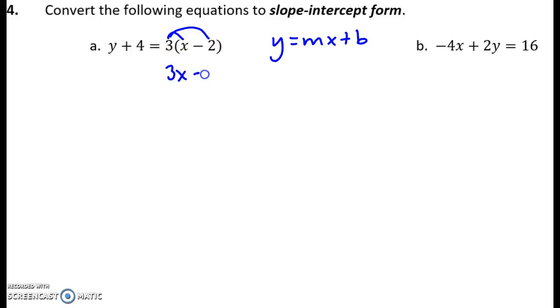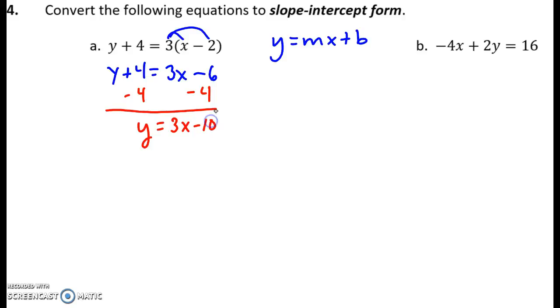Positive times a negative is a negative. 3 times 2 is 6. And you still have y plus 4 out front. From here, subtract 4 to both sides, and you get y equals 3x minus 10. That is your solution in slope-intercept form.